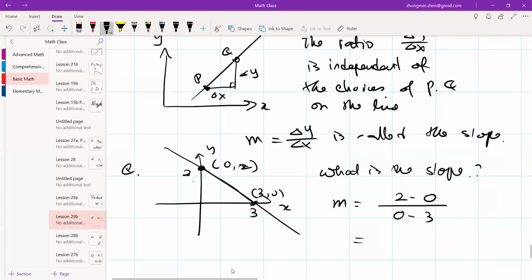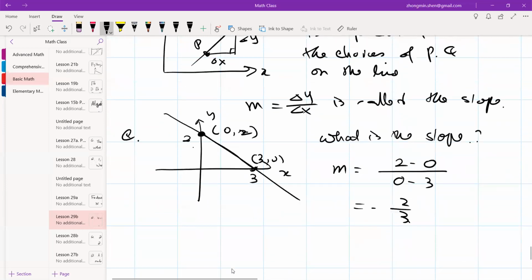Yeah. So the answer would be -2/3. Okay, so that's the slope.